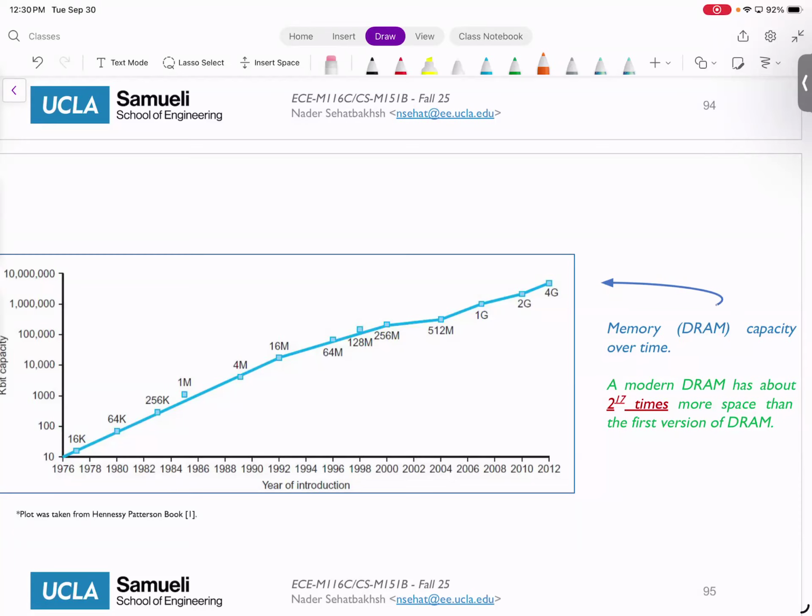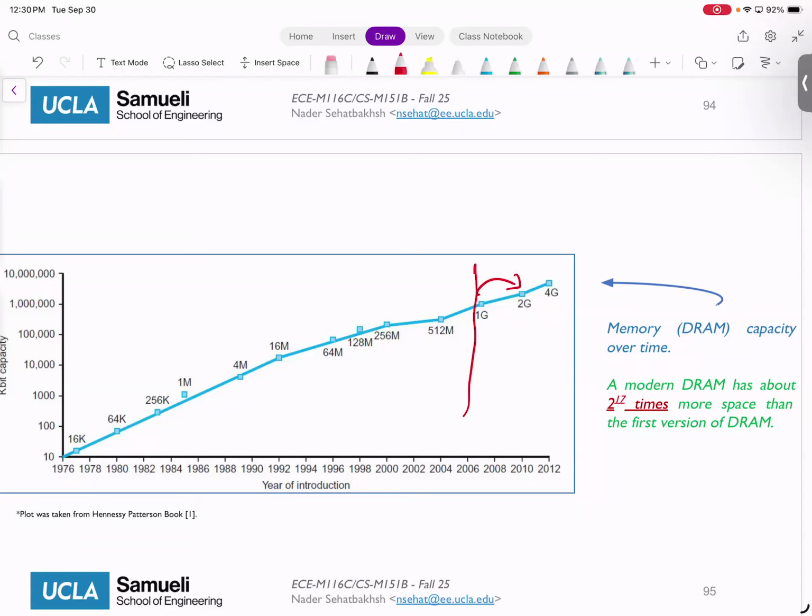Another very interesting thing from this figure, which always makes me think, is that the jump from 1 gigabyte to 2 gigabytes roughly takes 2 years. So in 2 years, we managed to double the amount of memory that we had built in the entire history.